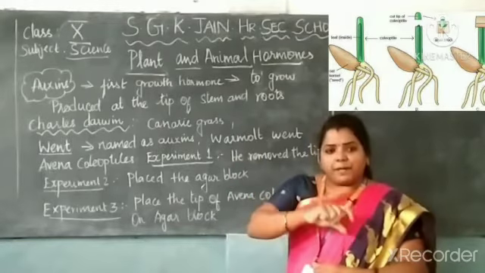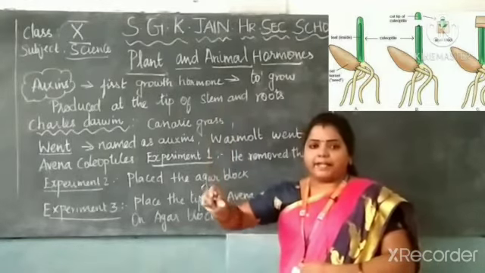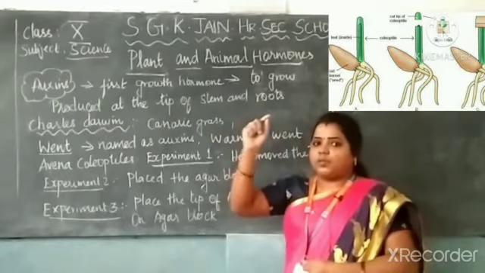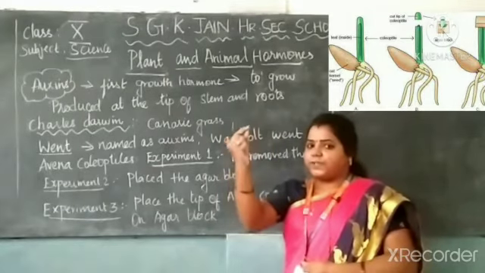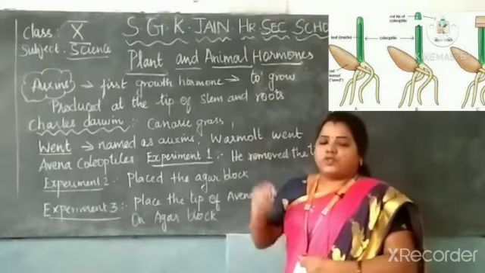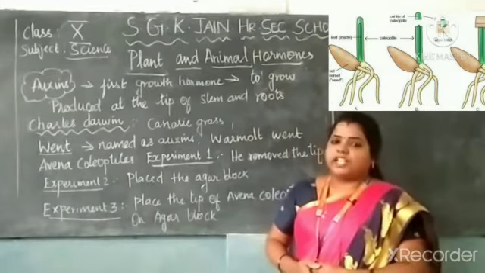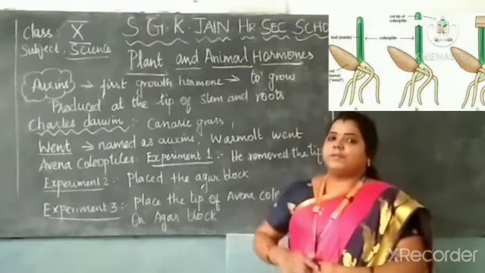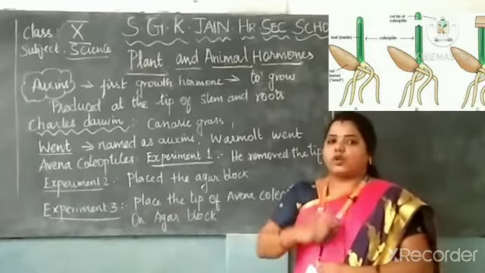Later on, he placed the agar over the plant. So the auxin which was in the agar was absorbed by the stem and the plant started to grow. So finally he concluded that hormones are responsible for the growth of a plant.